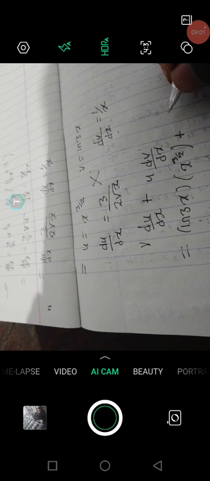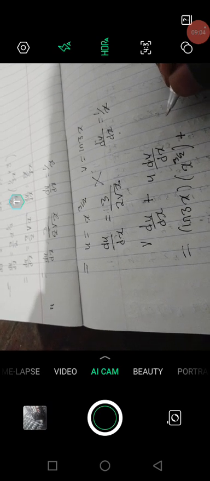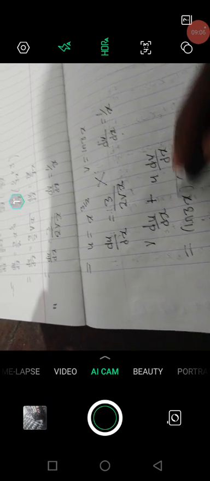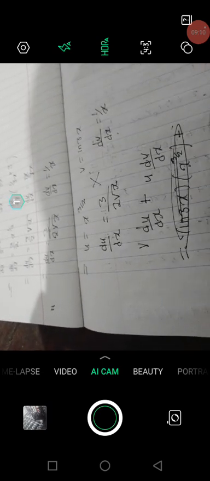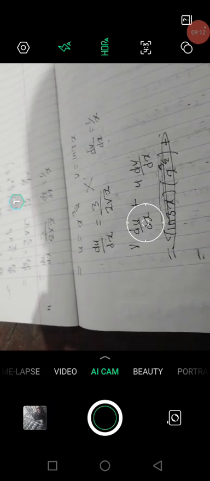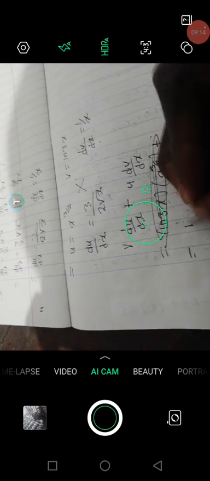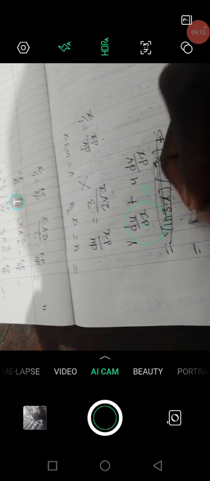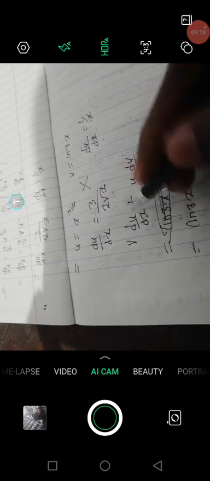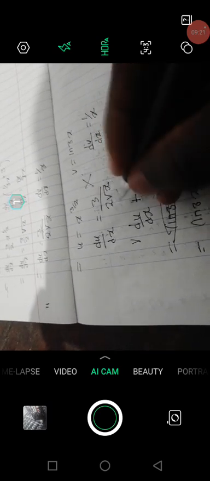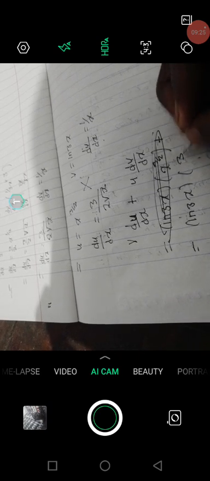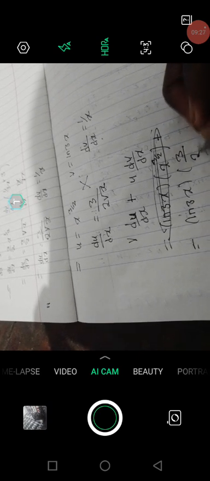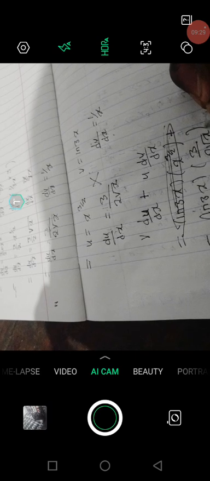I've made a little mistake here, I jumped one step there. What's my v? It is the ln of 3x. It's one and the same, please. What is my du over dx? Du over dx is 3 over 2 the root of x.